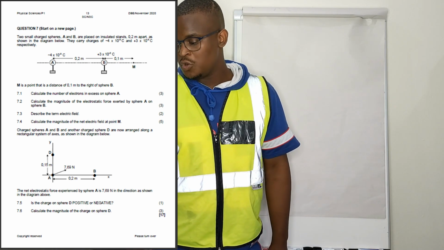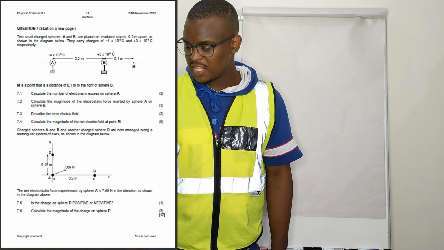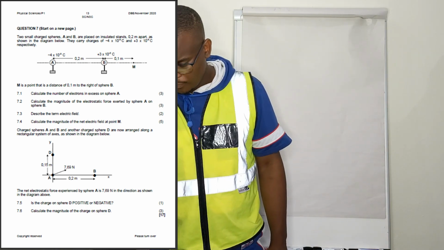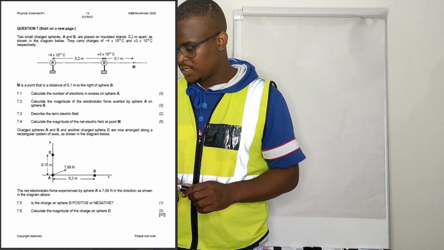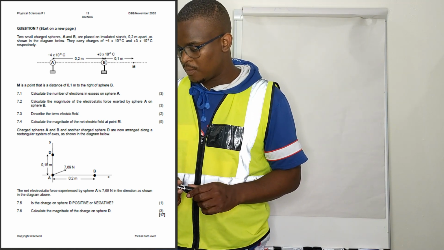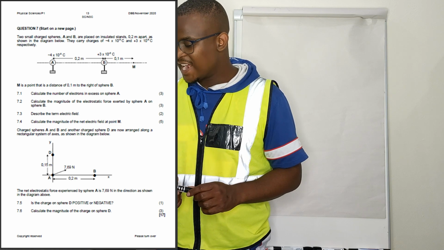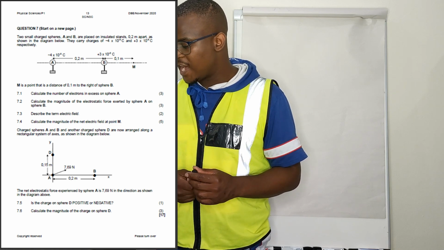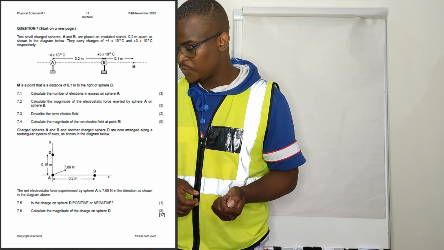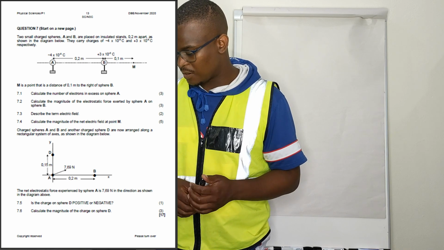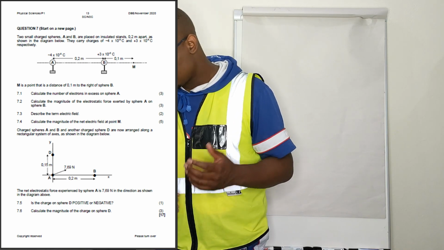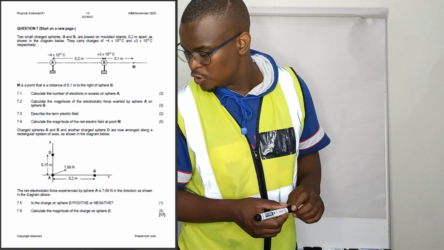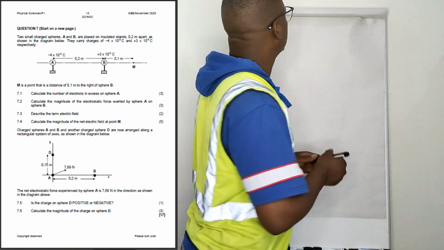Then let's go to the next question. So now we're going to read the next statement. They are saying charged spheres A and B and another sphere D are now arranged along a rectangular system of axes as shown on the diagram below. So I'm going to draw this, I think it's important.